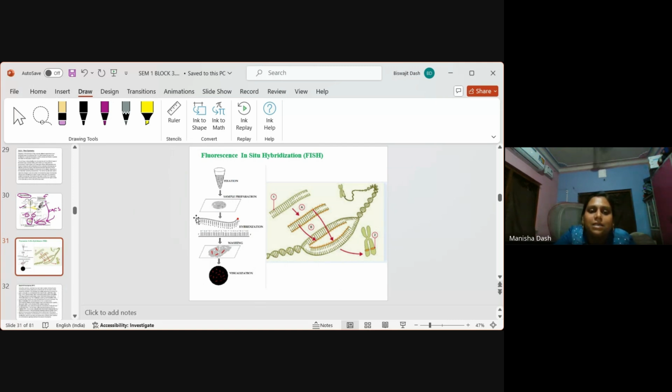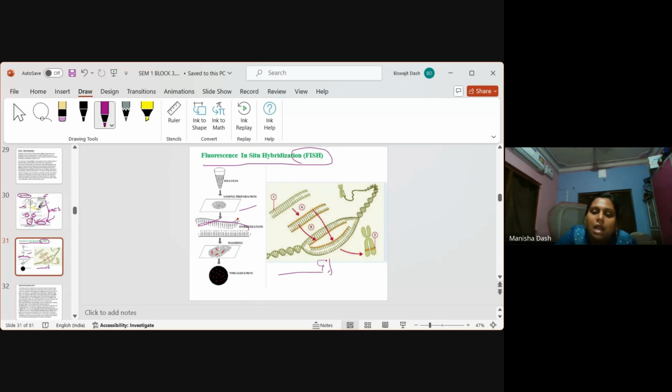Then there is another technique called FISH, or fluorescence in situ hybridization. Here, instead of labeling the entire chromosome, a part of a probe is used. A fluorescence probe is used, meaning you have a segment of DNA that is labeled with a fluorescence dye.